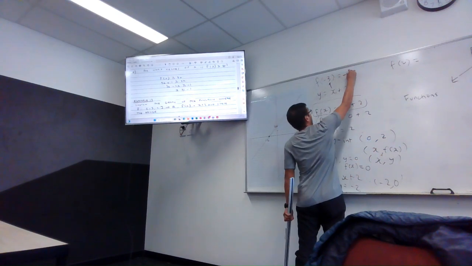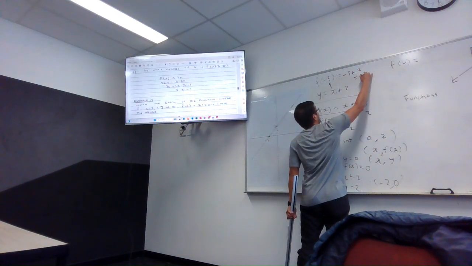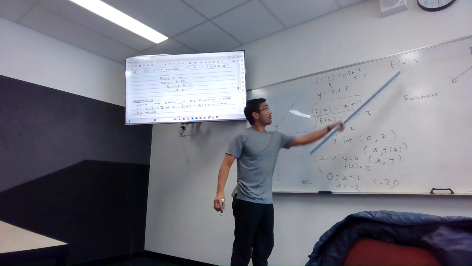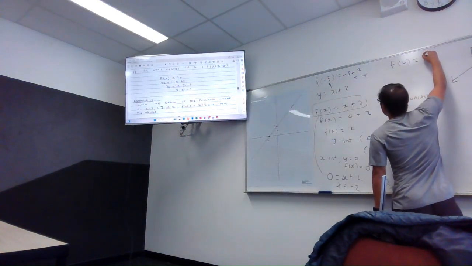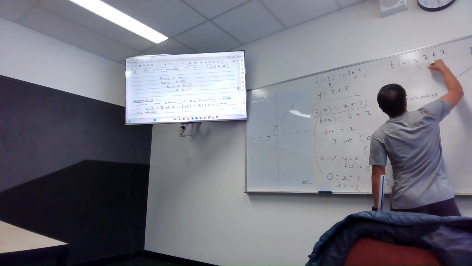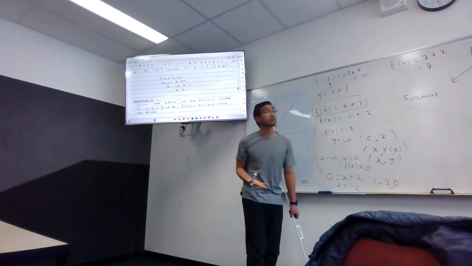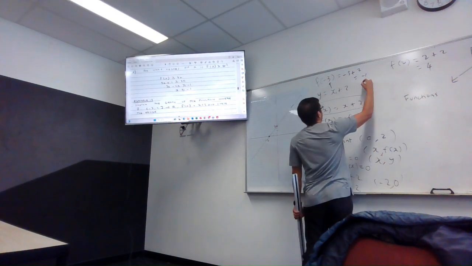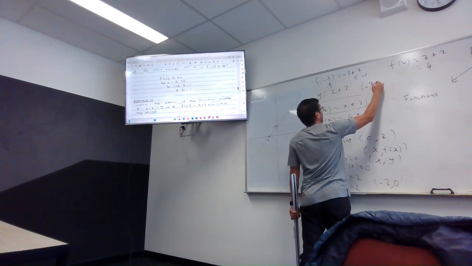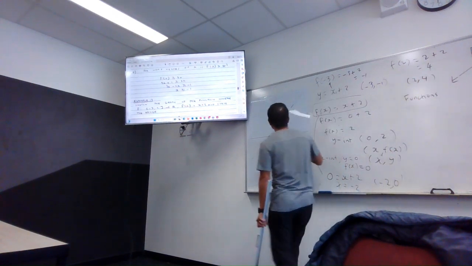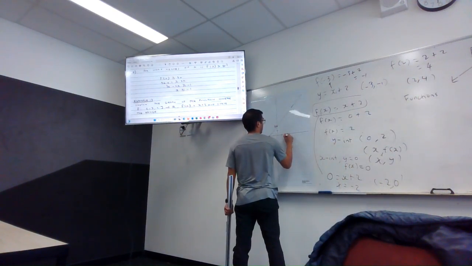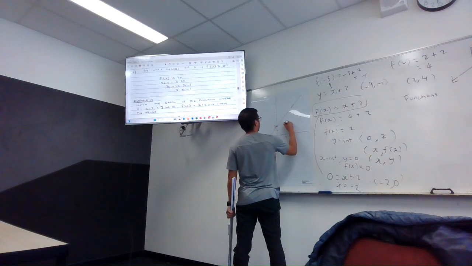Our x becomes -3 plus 2, which is -1. Over here, 2 plus 2 equals 4. It's a substitution. So we have the coordinates of -3, -1 and 2, 4. So 2 goes up to 4, which is there.